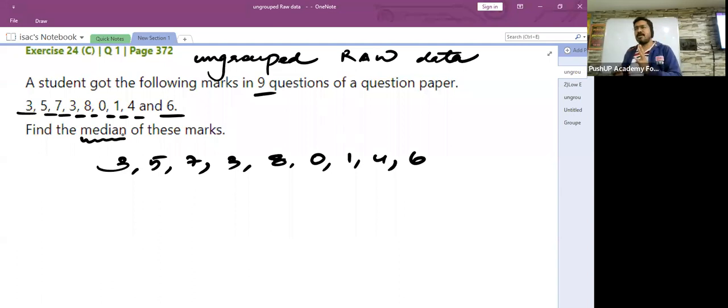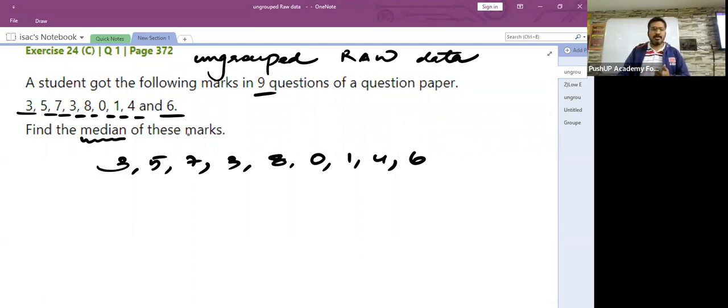Whatever is the data given to you, be it a raw data or a tabulated data, when you find median, median is the value which comes somewhere in the central position of the arrangement of this entire data. Somewhere it comes in the middle portion or the central portion of the arrangement of all these observations or all these data.